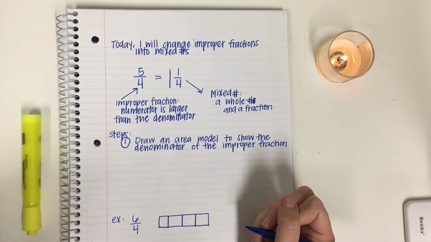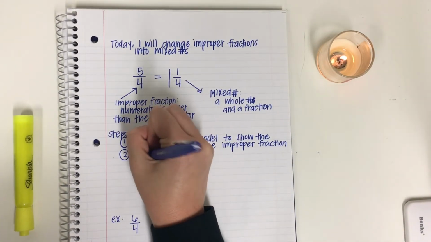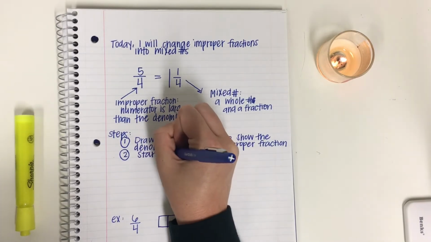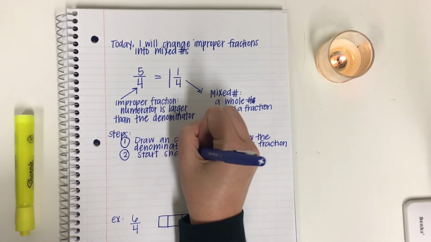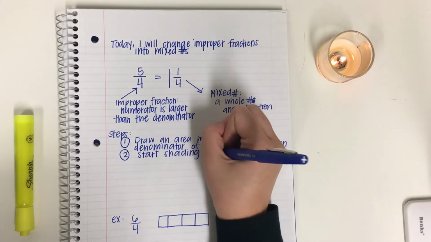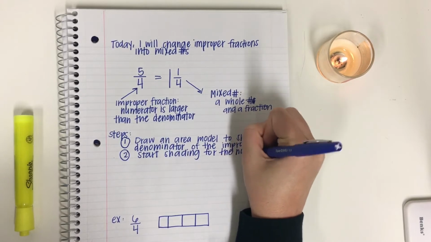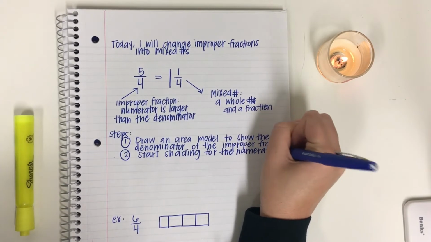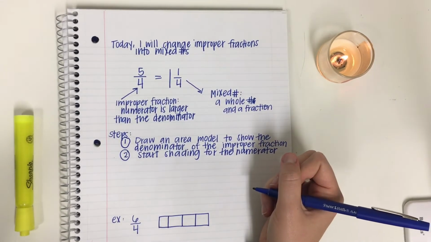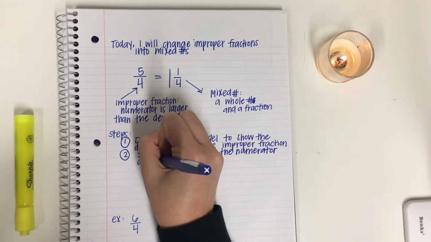Okay. Step 2 is to start shading for the numerator, right? Because that's what we always do with the fraction model. Start shading for the numerator and draw more area models if needed.